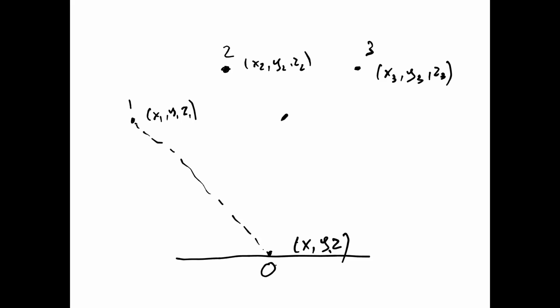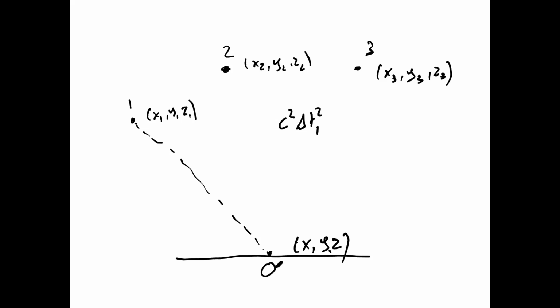We can write equations of this kind, assuming propagation in vacuum: c squared delta t squared, where delta t is the delay between the transmission time of the radio pulse from satellite 1 and the reception time at the observer O. And of course, this is known quite well. Why?